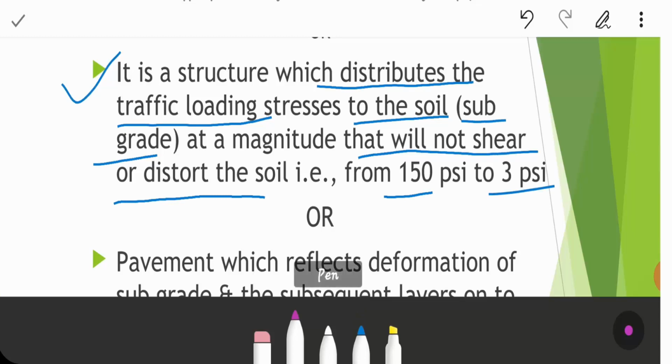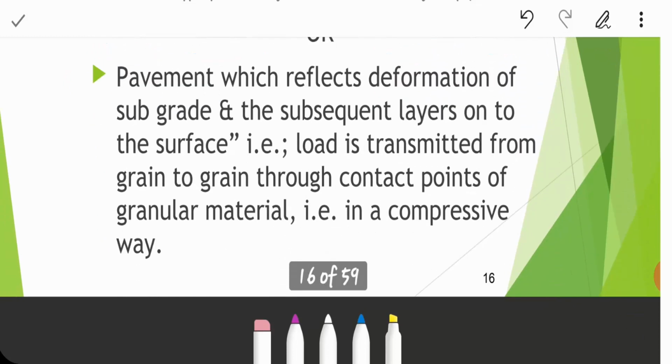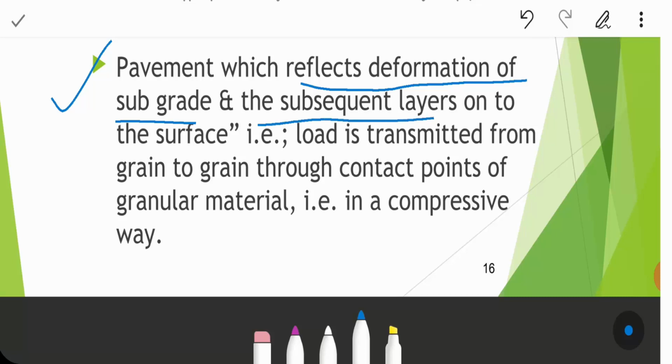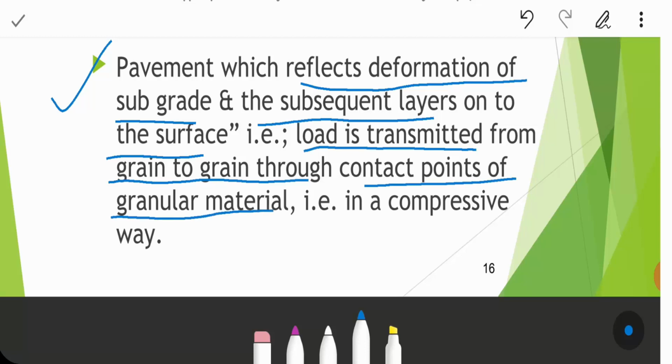In other words, it is pavement which reflects deformation of the subgrade and the subsequent layers onto the surface, that is, load is transmitted from grain to grain through contact points of granular material, in a compressive way, right?